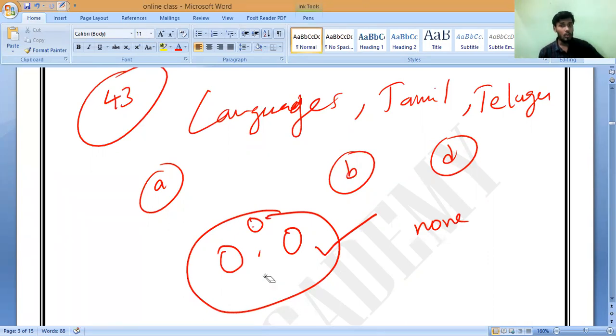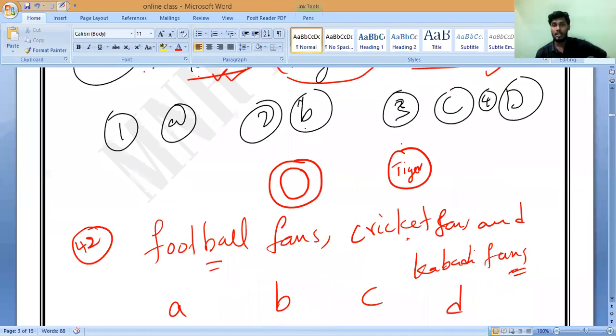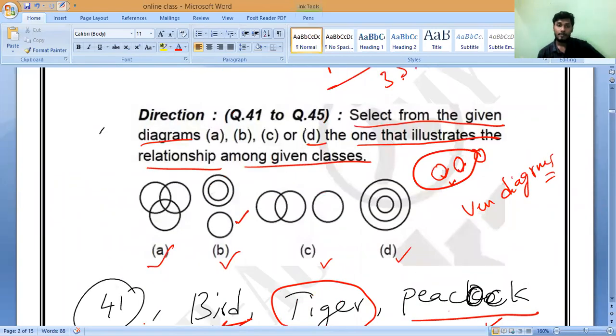Because there is no common thing between Tamil and Telugu. Both are languages, I am saying that, but they do not have a common thing. That is why. What is the correct answer? None of these. Nothing is matching. Suppose somebody chooses option D. Correct?